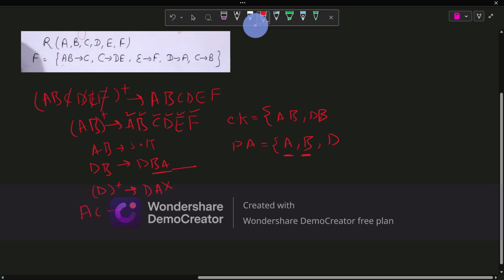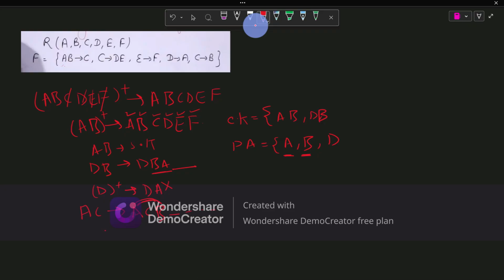AC. So we can see with AC we can determine AC, and with C we can determine B, and since we have A and B we can determine all the other attributes. Let's see if C is a super key or not.